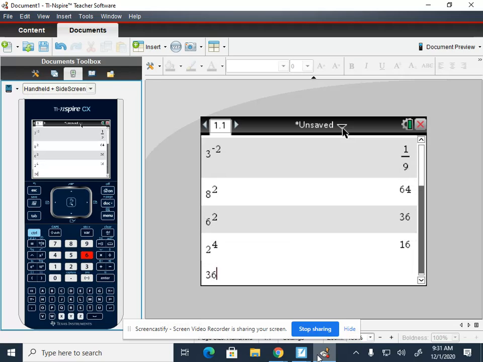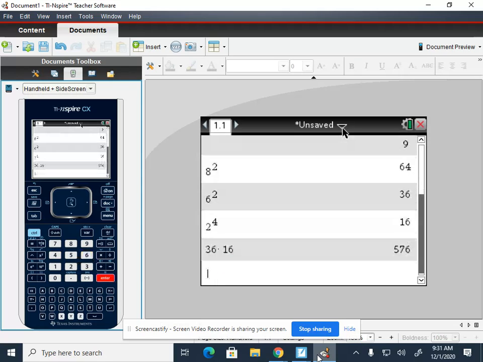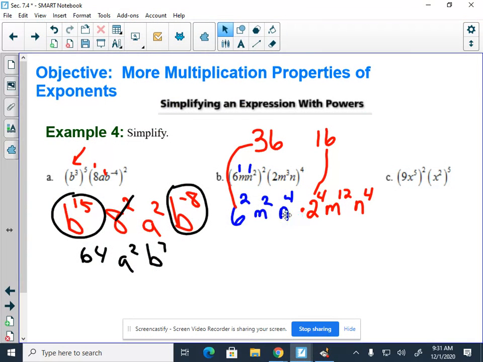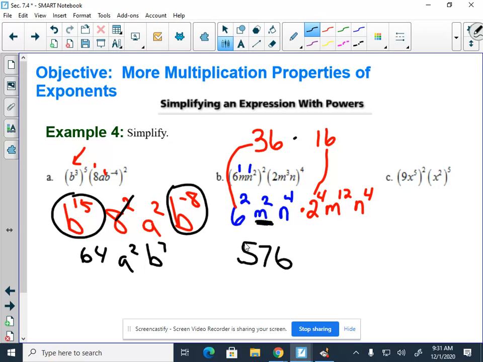So I now have to take 36 and multiply it by 16. 36 times 16 is 576. Now I look at the m's. 2 m's and 12 more m's make 14 m's being multiplied. Look at the n's. 4 and 4 make 8.